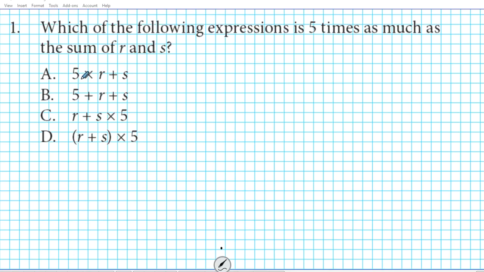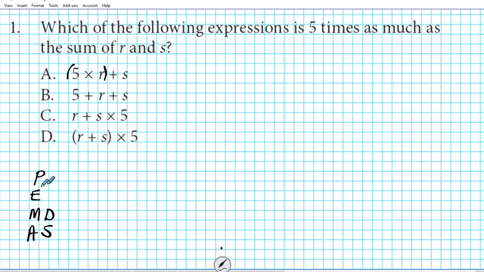Okay, so how would you express 5 times r plus s using words or a verbal expression? Following the order of operations requires that we multiply first before we add. So you remember the order of operations: Please excuse my dear Aunt Sally.